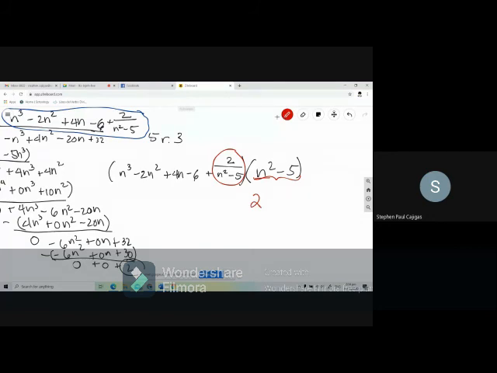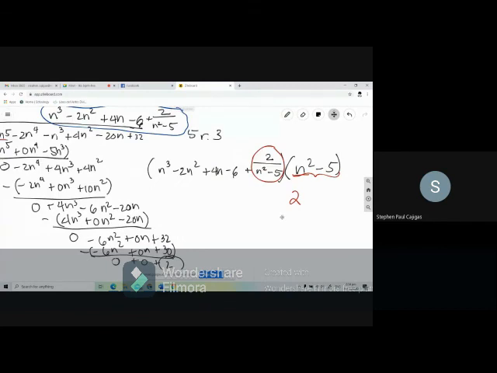And the product of the quotient and the divisor, once we multiply, you will have n to the power 5 minus 2n to the power 4 minus n cubed plus 4n squared minus 20n plus 30.